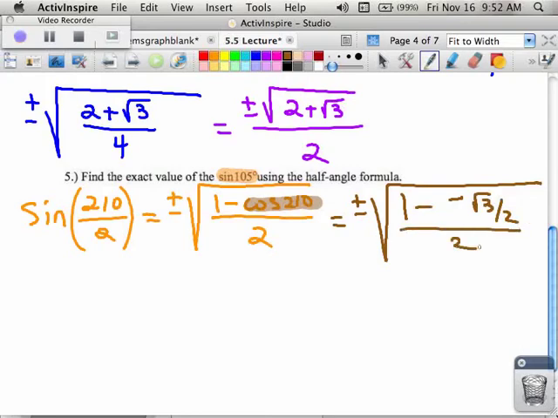Isn't this the same exact one we did, numbers-wise? So I know that my final answer, because I'm just going to jump to it right now because this is ridiculous, is going to be plus or minus 2 plus radical 3 all over 2. We've already done this problem once we get to the pink.